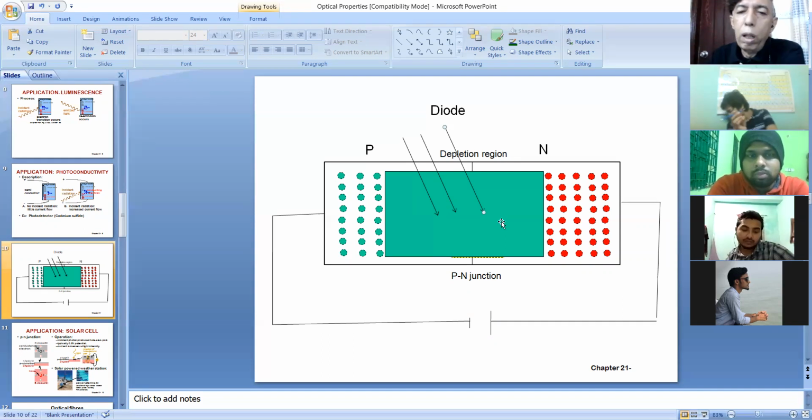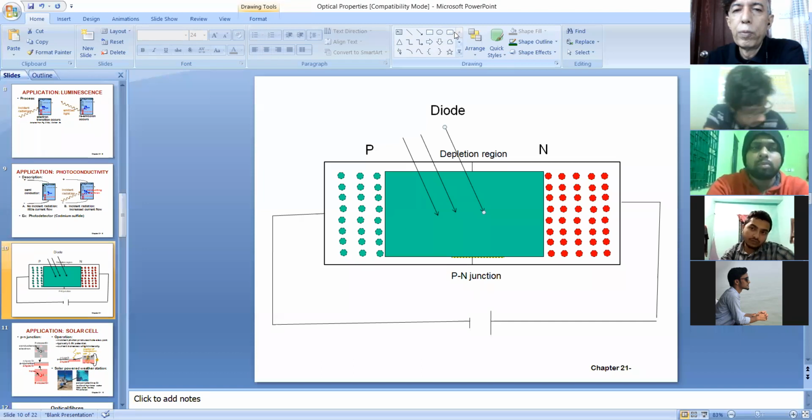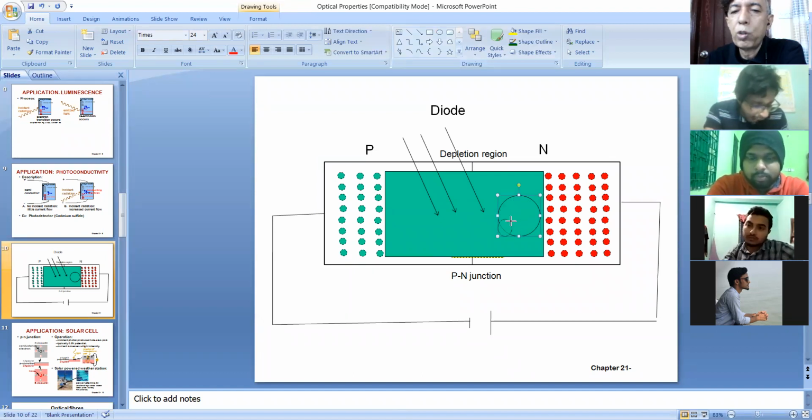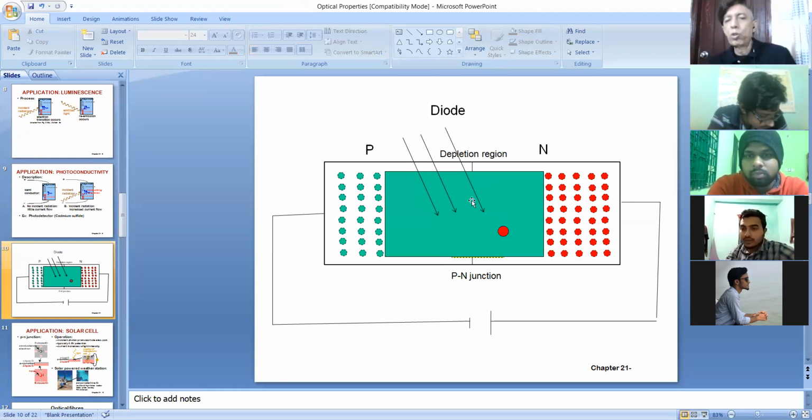Now, this slide produces electrons. How does it produce electrons?